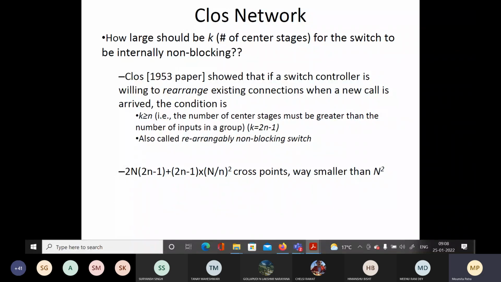We cannot do that, that is not possible. So can we just emulate whatever this principle is saying in our current scenario, with whatever device we currently have? That's what Clos said.